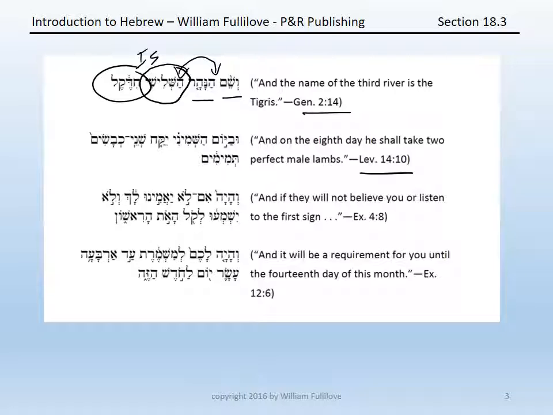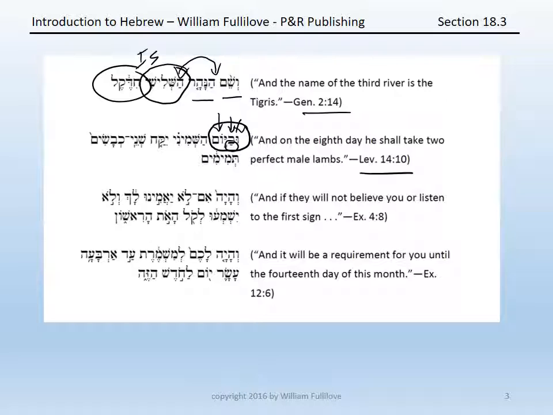Leviticus 14:10, Uvayom hashemini yikach shnei kavashim tumimim. And on the day, yom, the day. Note that it's bayom.